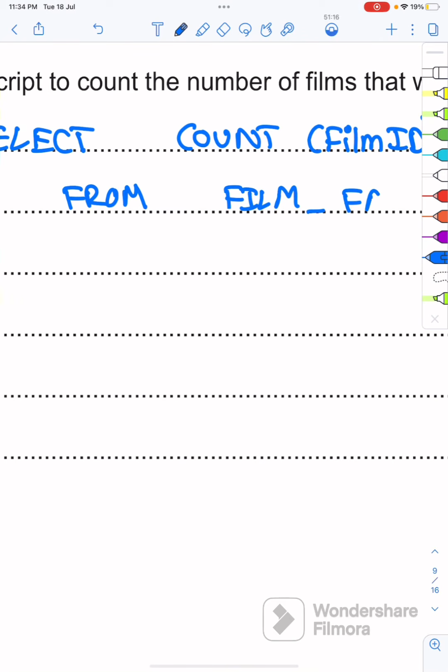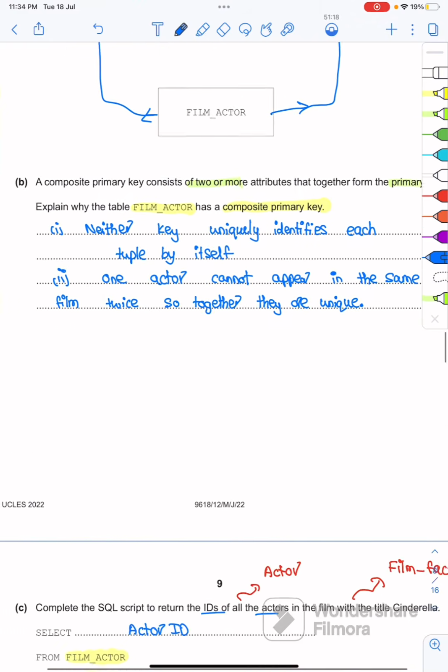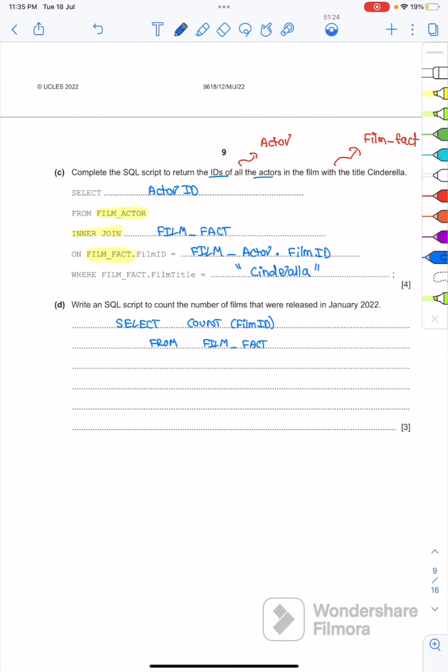The spelling doesn't really matter, but it's better if you stick to whatever they've given you, right? Where, and they've said that were released in January 2022. So you cannot just use where the release date was January 2022. That's just not how it's going to work. So I'll show you exactly what you're going to have to do.